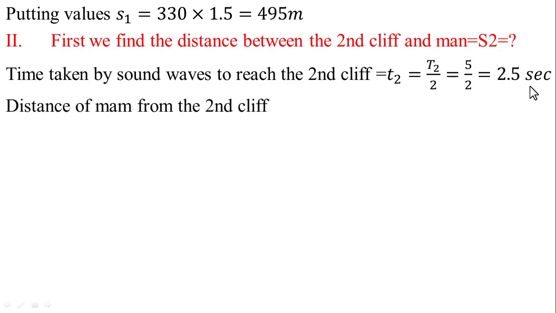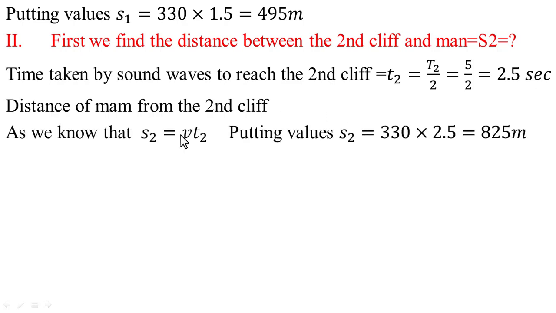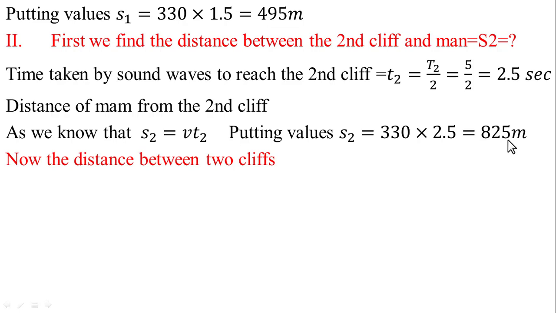Now the distance of the man from the second cliff is S2 is equal to Vt2. Putting the values, S2 is equal to 330 multiplied by 2.5, that is equal to 825 meters. Now we can find the distance between the two cliffs.